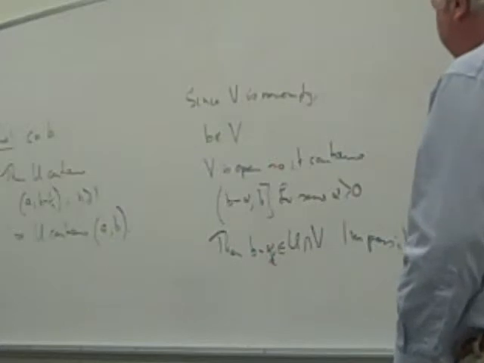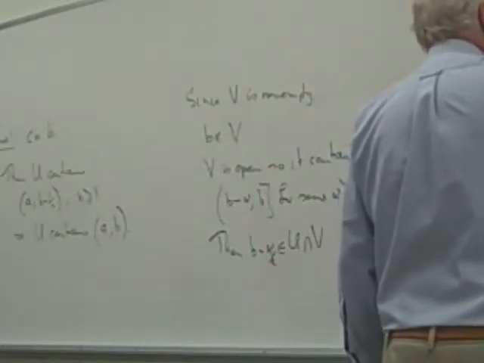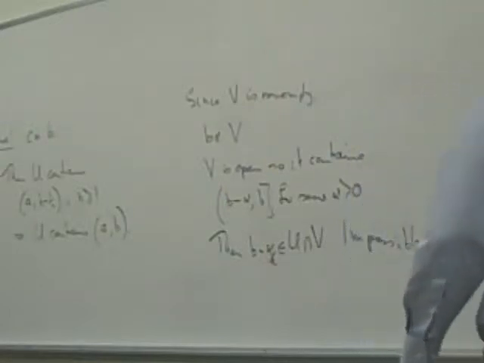So we know that this point is not equal to B. So case 2 is when C is strictly less than B. And now we ask, where is the point C?